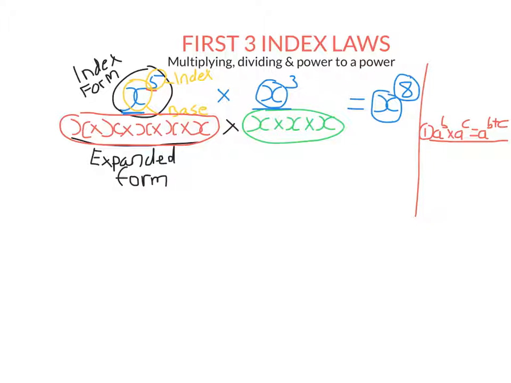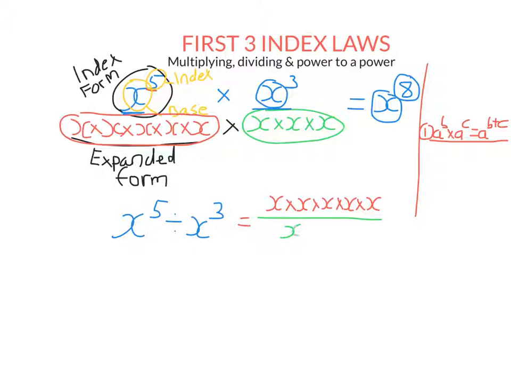So what about if we wanted to divide x to the power of 5 by x to the power of 3? So we could write this in expanded form again. So x to the power of 5 on top, 5 x's multiplied together, and on the bottom we have x times by itself 3 times. So remember, when you have fractions or when you're dividing, you can cancel common factors. I can cancel x, I can cancel another pair of x's and another pair of x's.